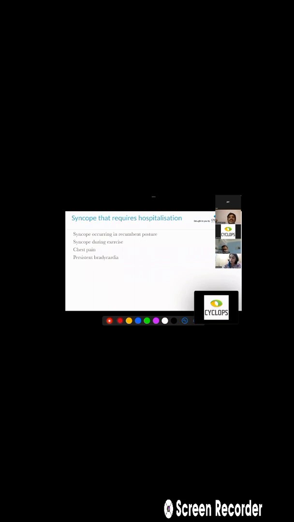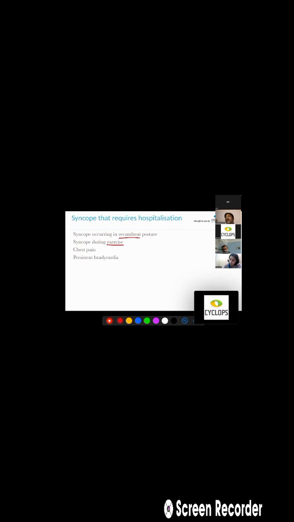Syncopes that require hospitalization are syncopes that occur in a recumbent posture. If somebody tells you, I was lying down and at that time I lost consciousness, or somebody lost consciousness while doing exercise, then it should not be taken as a simple case of syncope, like the general syncopes without underlying cardiac cause, where because of emotional stress or prolonged standing people fall.